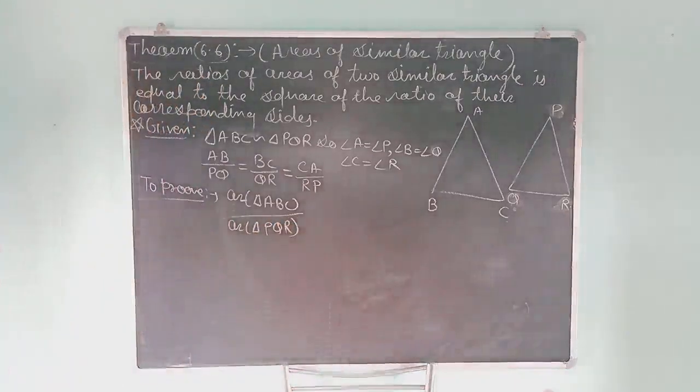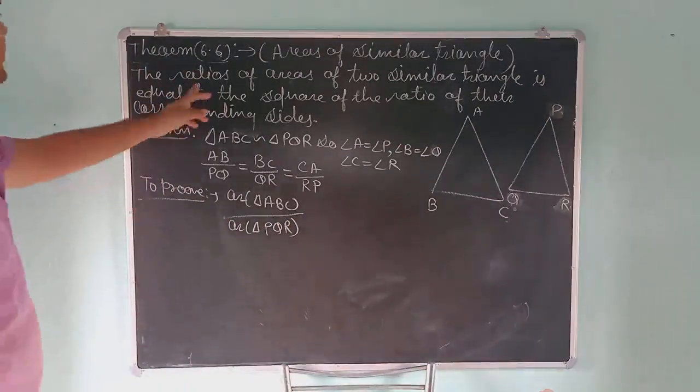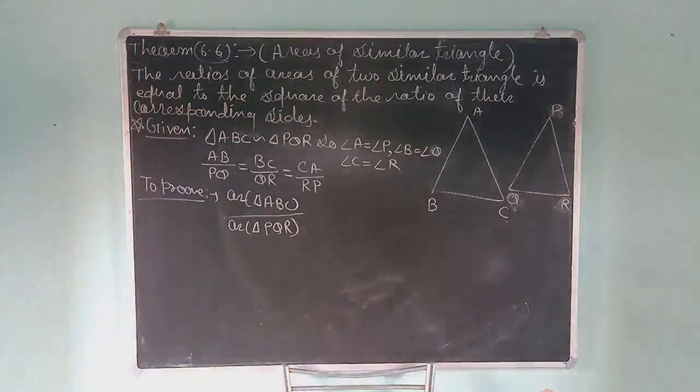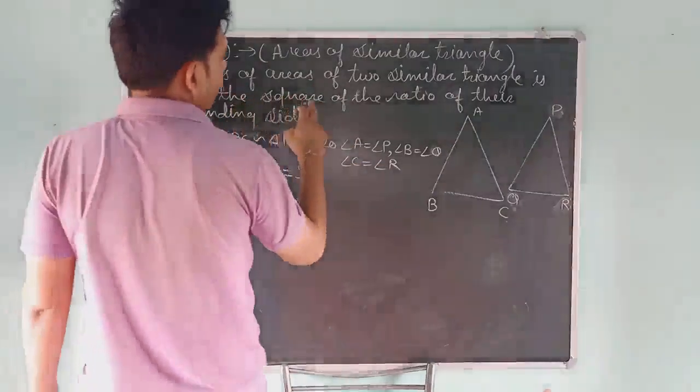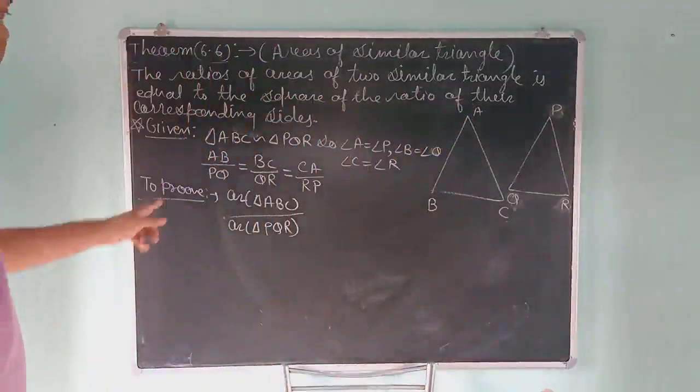So we have two triangles. The first triangle is ABC and the second triangle is PQR, and we have to take the ratio of areas of two similar triangles. This will be equal to the square of the ratio of their corresponding sides.